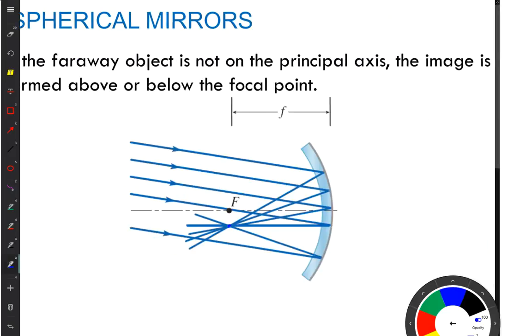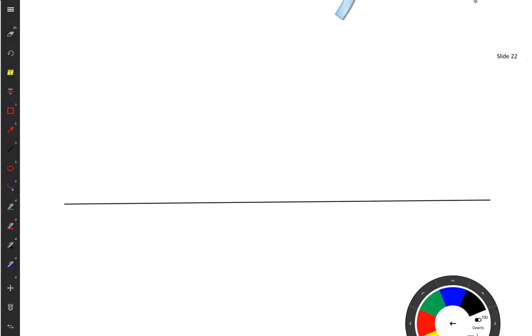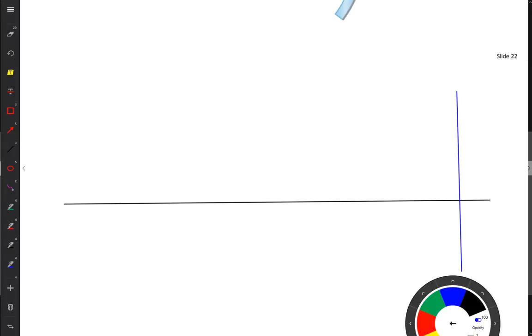So to do a ray drawing, now I need to put in my mirror. Here's how I put my mirror in. Pay close attention. That's my mirror. It's straight. Why is it straight? Because I'm taking the paraxial approximation, which means I'm really close to that principal axis, and thus it's not going to have much appreciable curvature change if I'm close.